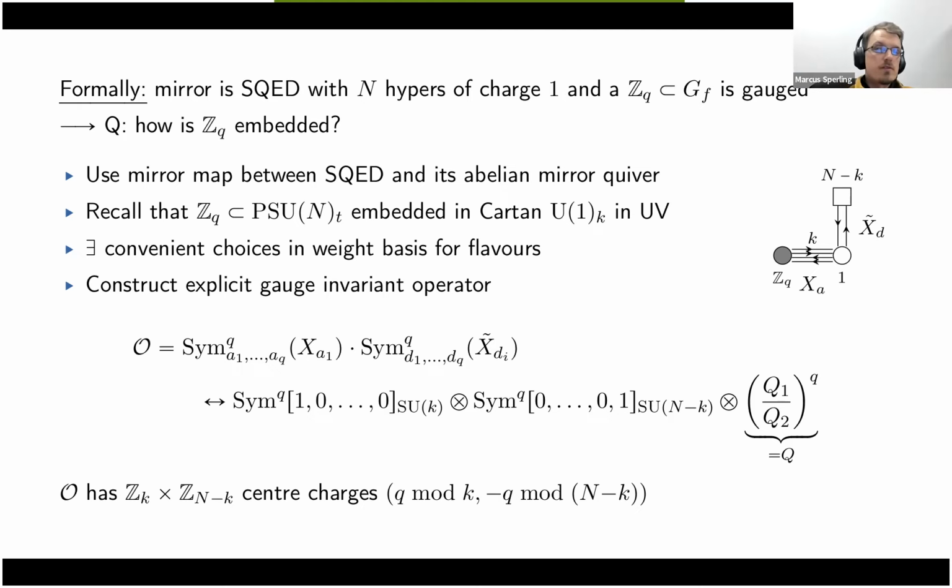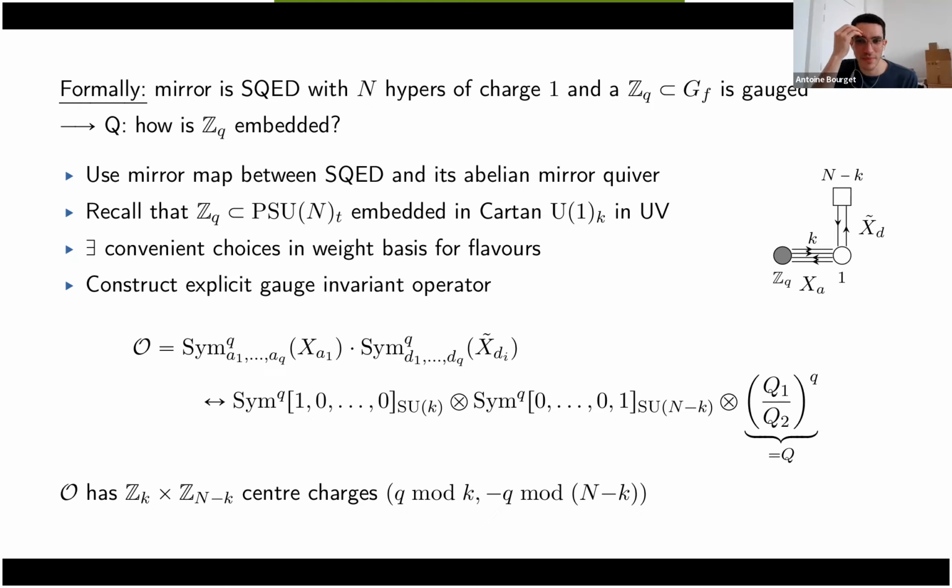Well, there's a little bit of freedom in how you do a global U1 rotation. And that is precisely how you see that you can act with the ZQ on either set of them. You can act with the ZQ on the set of K, or on the set of N minus K, or if you like, you can also distribute it on all of them.